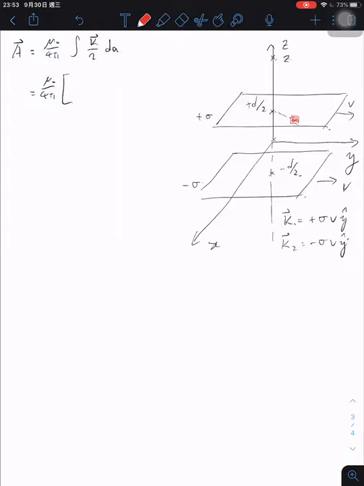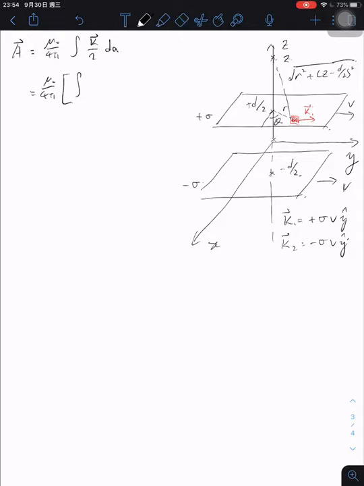This small unit area has surface current density K1, and its source position in the coordinate is R and theta, the polar coordinates. The distance between the source position and the observer is the square root of R squared plus (Z minus d over 2) squared, because the plate is located d over 2 above the center.